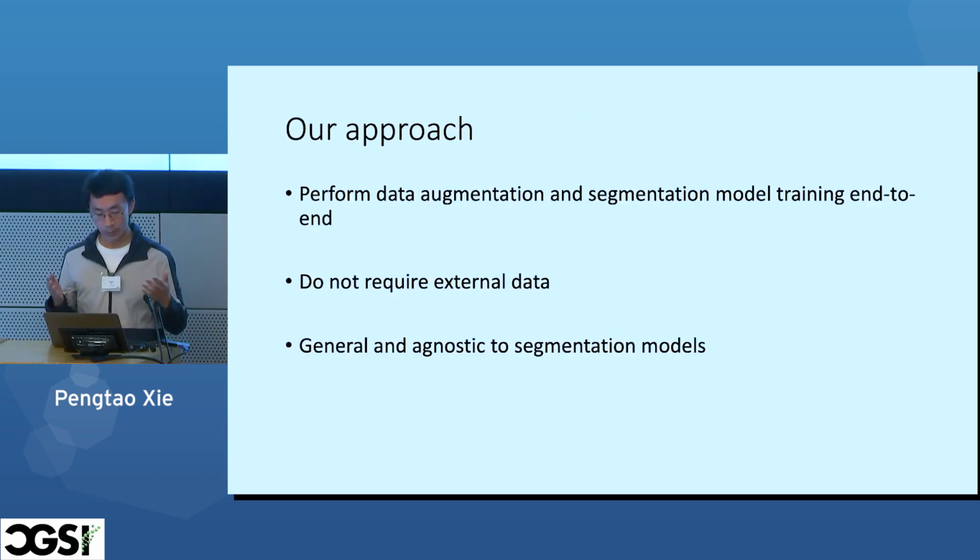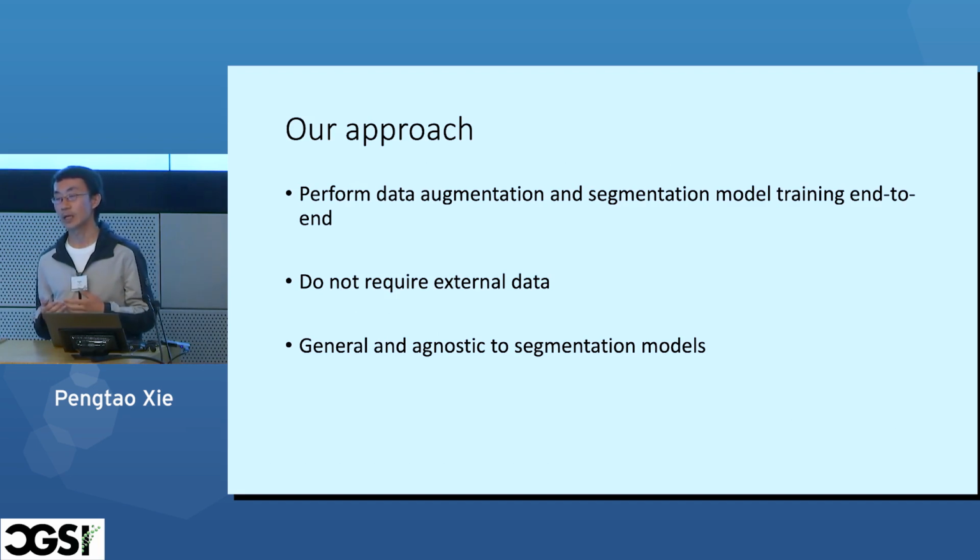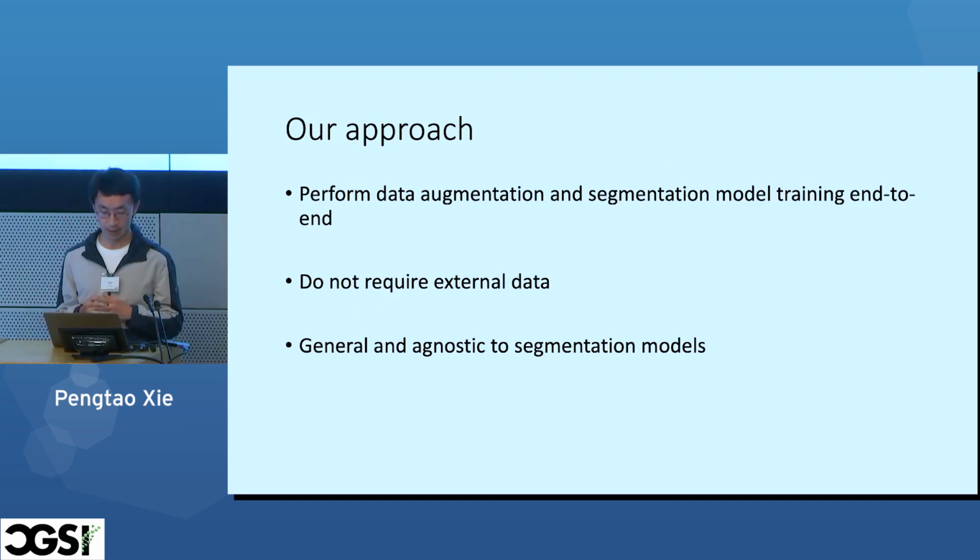So we want to develop a unified method to address the limitations of existing methods. At a high level, our method performs data augmentation and semantic segmentation model training end-to-end. We leverage the performance of the segmentation model to inform the data augmentation process, to tell the augmentation model what kind of data is needed.